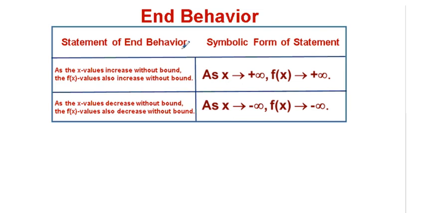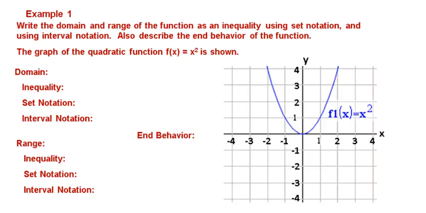And we have a statement of end behavior. And this is another thing that you can copy down and could be of help to you. It shows end behavior notation. And end behavior is not how you act just before you're ready to die. Somebody made that joke. All right.